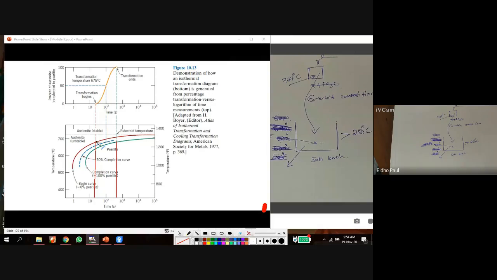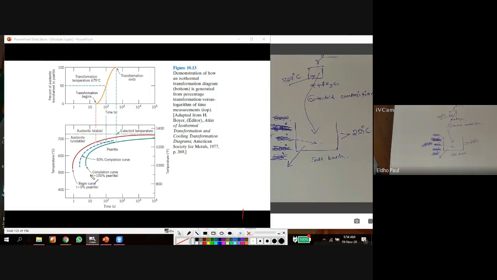That means it is almost a slow cooling, similar to the phase diagram. In the phase diagram we got pearlite as the final microstructure during the conversion, and here also it is pearlite because this cooling is very slow. But here we can see another area.